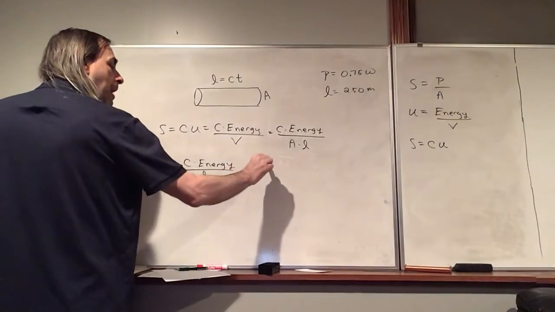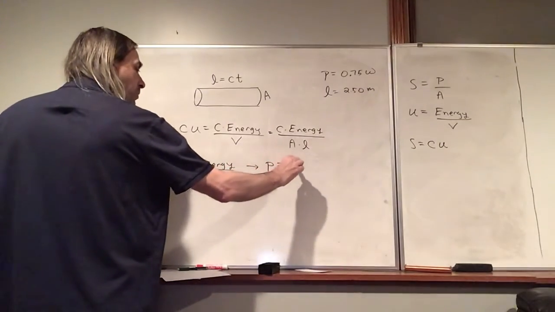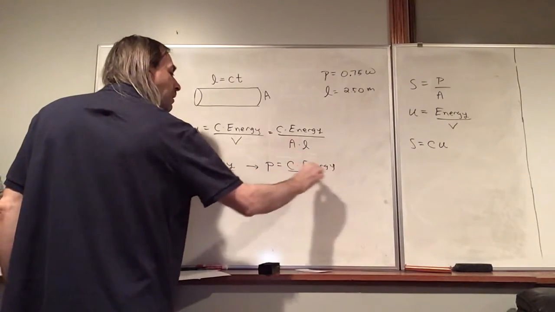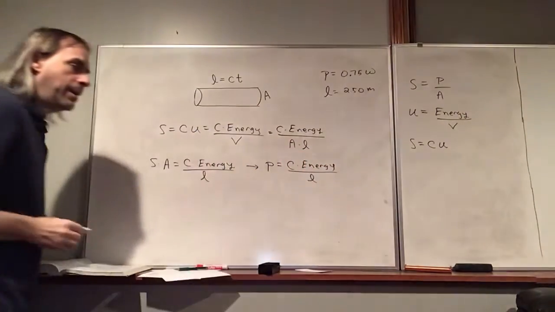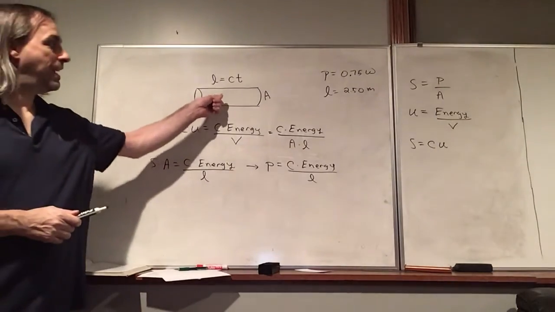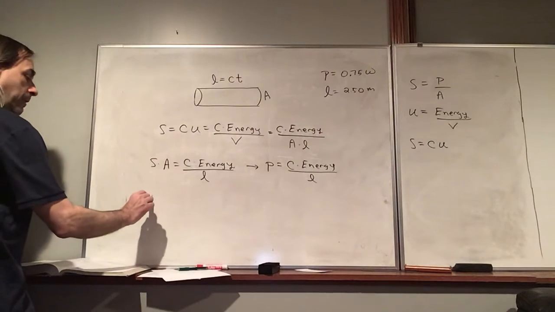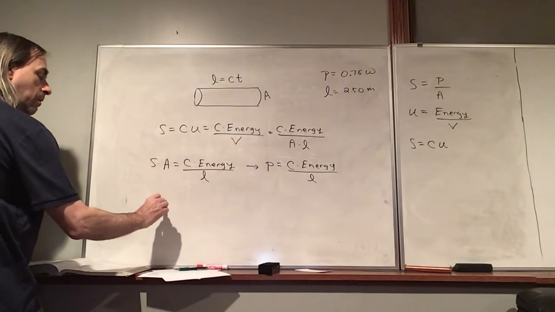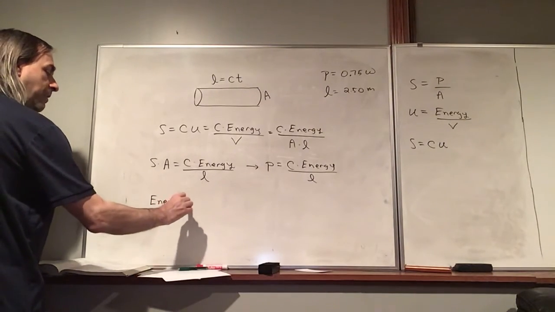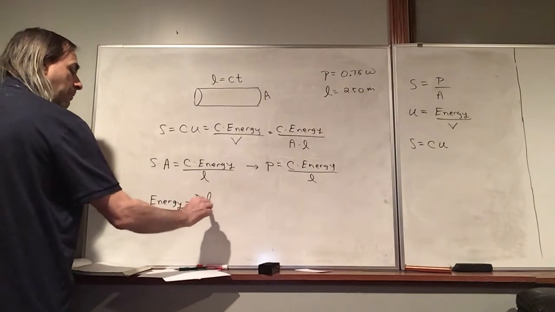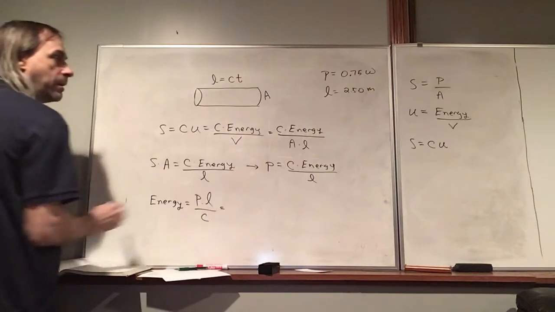So we have power equals c times energy over L. And the energy is just the energy contained in this beam. That's what we're trying to solve for. So let's write that down. So the energy contained in this laser, that would be the power times the length over the speed of light.